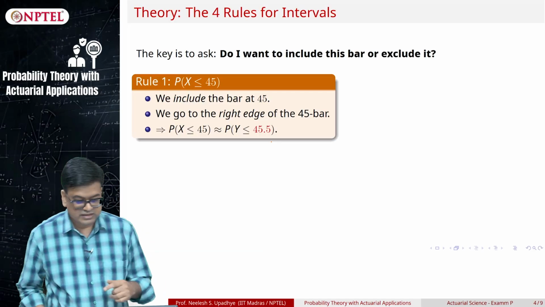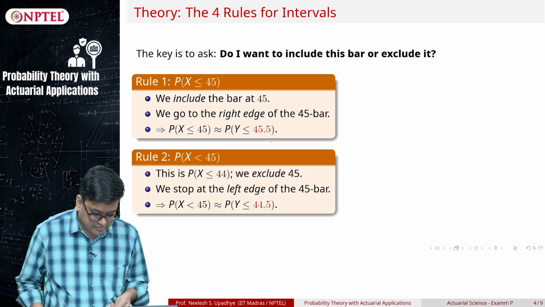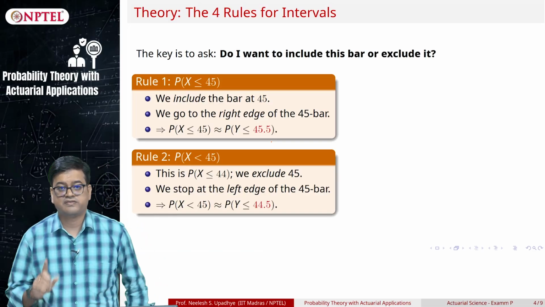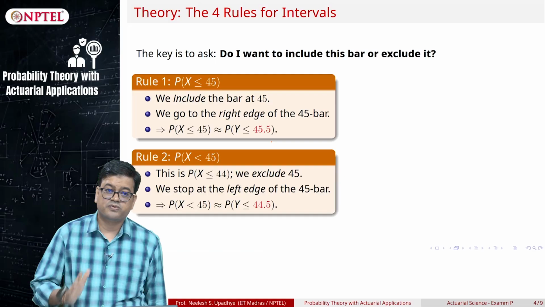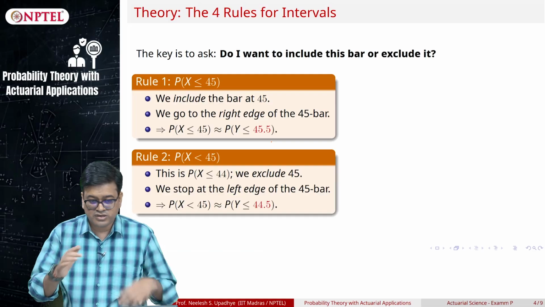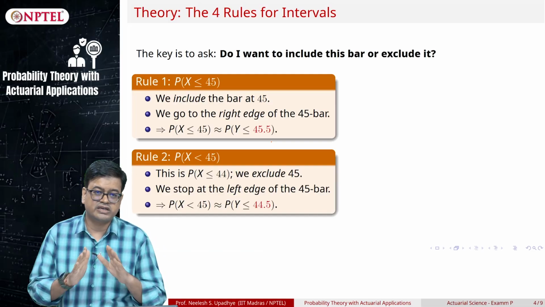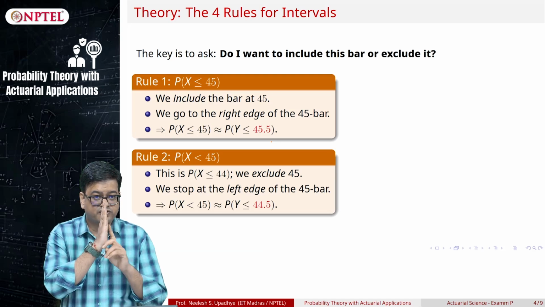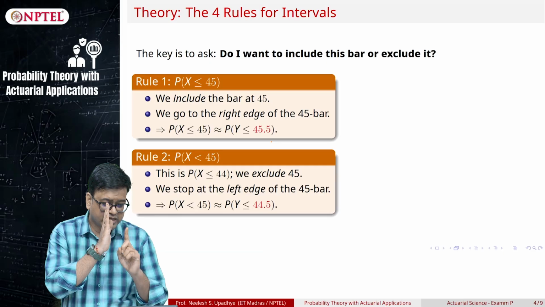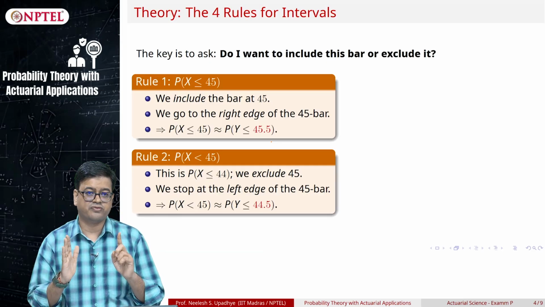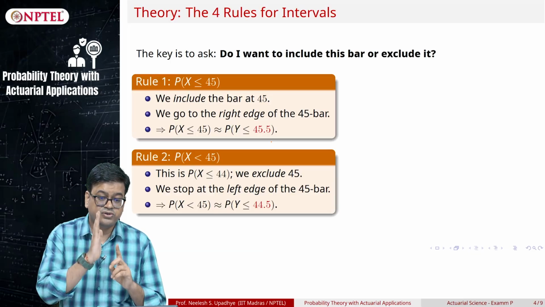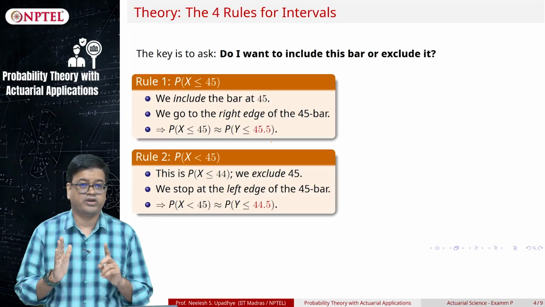Now another interesting part: if I am asked x is strictly less than 45, shall I go up to 45? The answer is no, because the PMF that is associated with 45 is concentrated at 45, so split from 44.5 to 45.5.